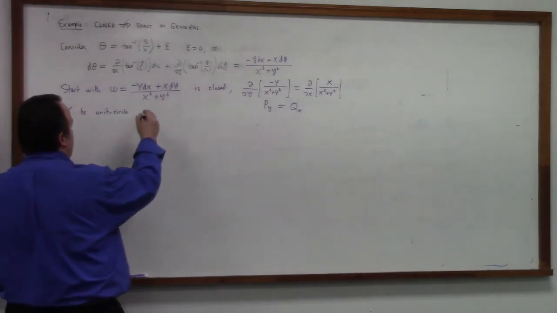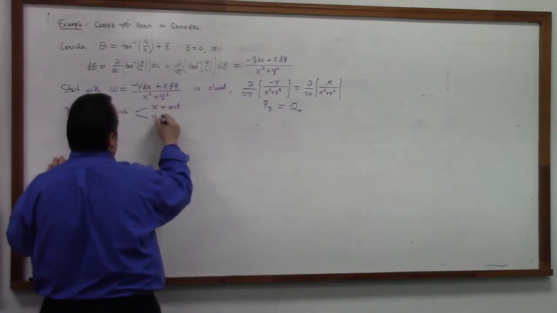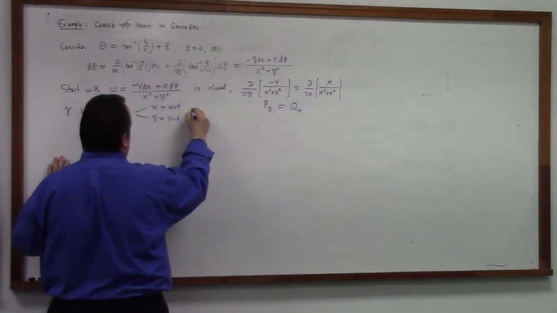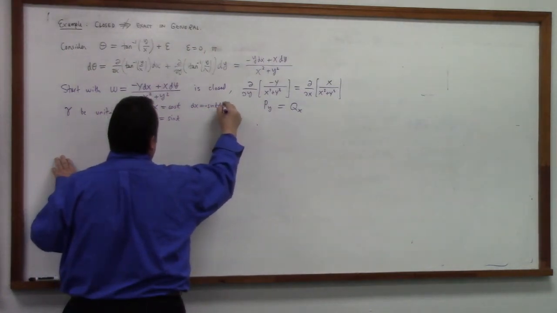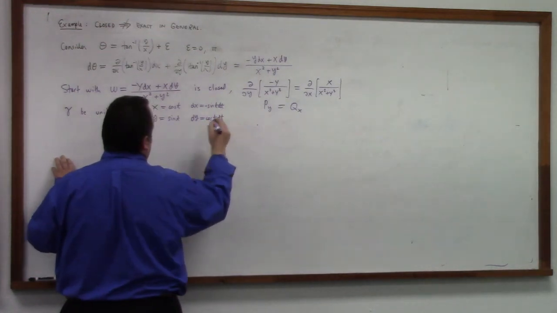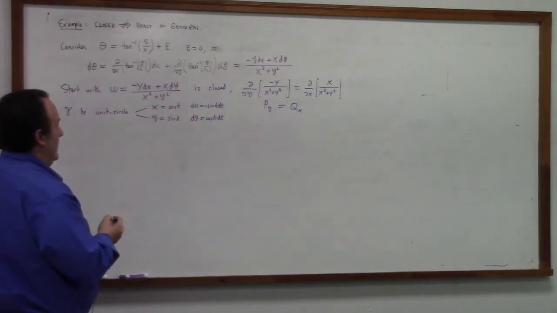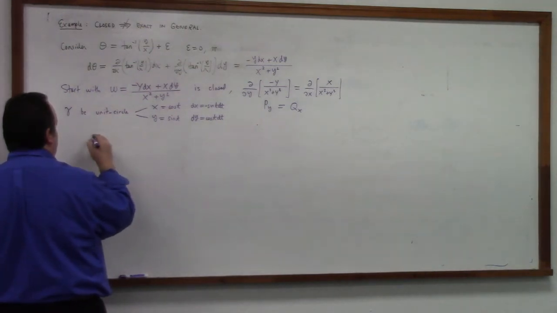The unit circle has x equals cosine t, y equals sine t, right? So dx is minus sine t dt, and dy is cosine t dt, right? And so what's omega when we evaluate it on the unit circle?